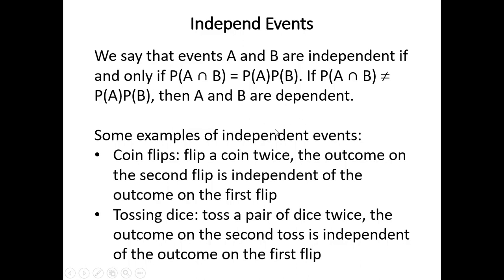Some common examples of independent events would be coin flipping. In particular, if you flip a coin twice, the outcome on the second flip is independent of the outcome on the first flip. Similarly, if you toss a pair of dice twice, the outcome on the second toss is independent of the outcome on the first toss.